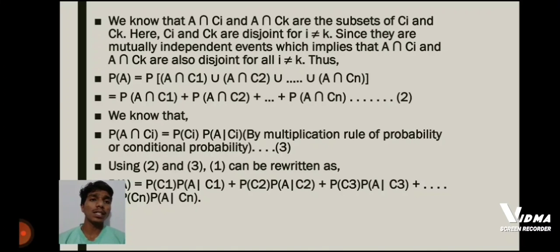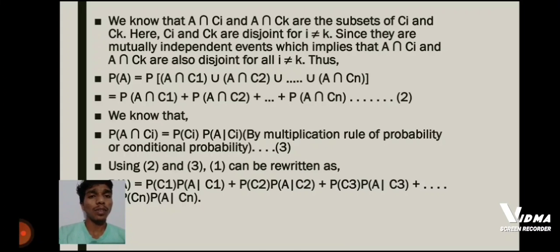We get that A intersection Ci and A intersection Ck are subsets of Ci and Ck. Here Ci and Ck are disjoint for i not equal to k, since they are mutually exclusive events, which implies that A intersection Ci and A intersection Ck are also disjoint for all i not equal to k.